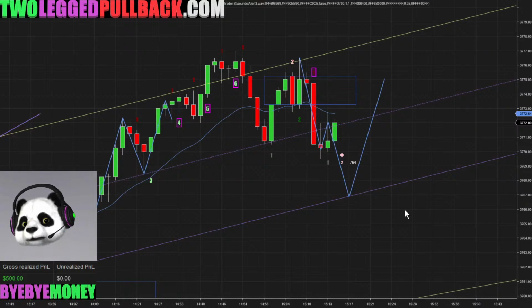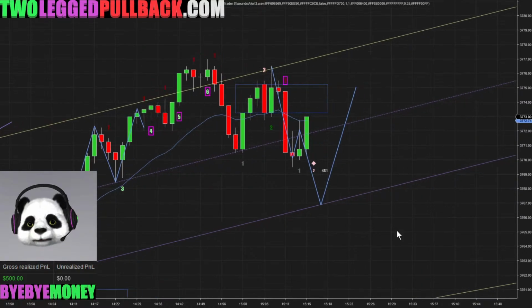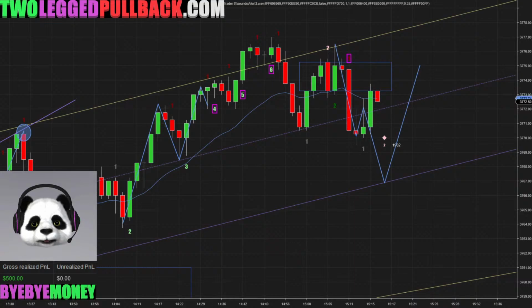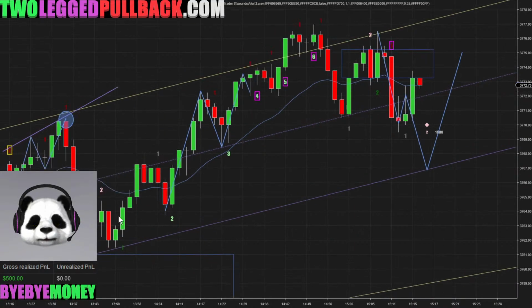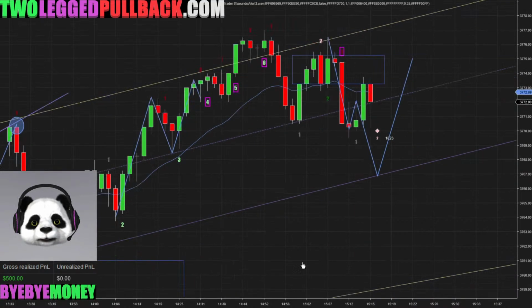Okay, good question. Someone's asking, what determines the end of one move and the start of another? I'm guessing you're asking, I could be wrong, but when does a two-legged pullback start? When do you start your counting? Well, the nice thing about the two-legged pullback indicator is that it just counts for you all the time, but essentially whenever you have a lower low, when the counts reset, you can start there.